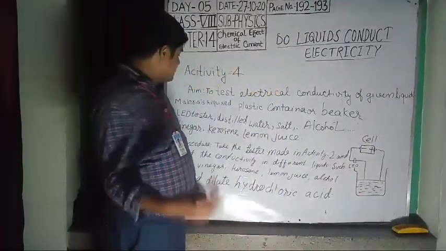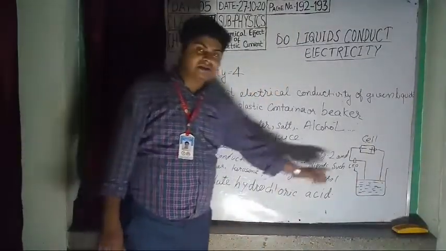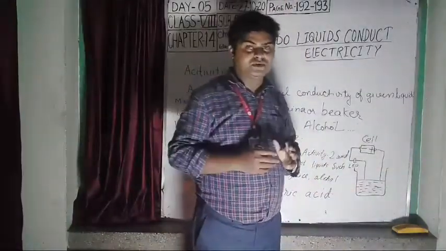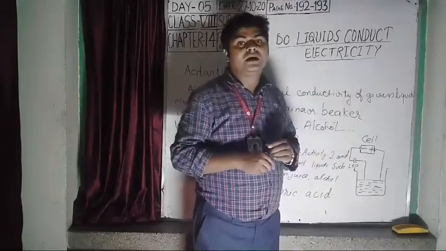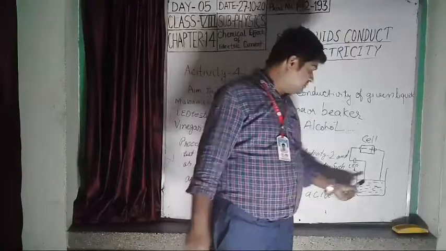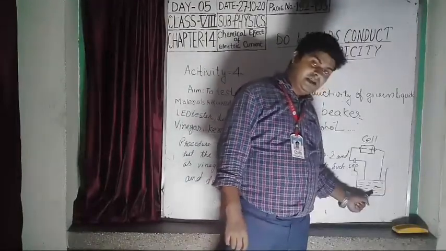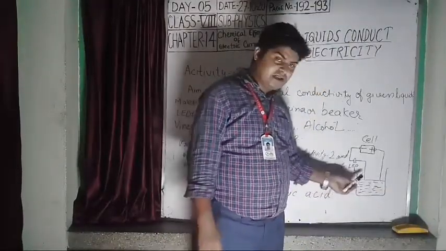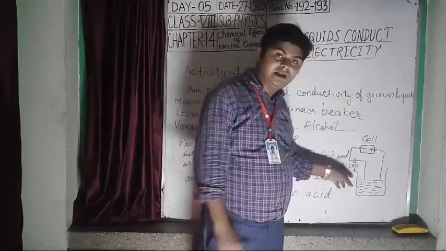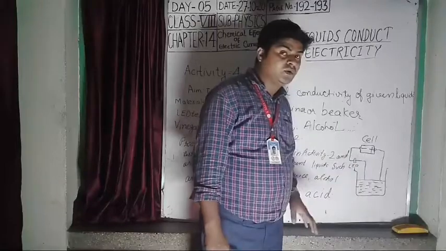In the last condition you will take distilled water, which is the water used in an inverter battery. Put some distilled water in the container and check whether the LED bulb glows or not. You will see the LED bulb does not glow.